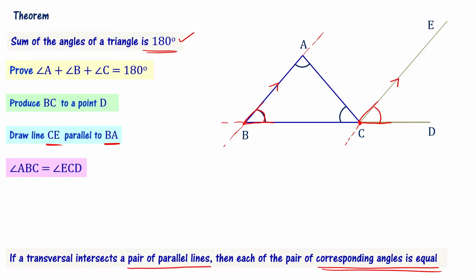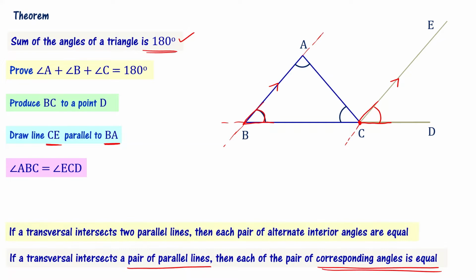Now let's make use of a theorem based on alternate interior angles. Okay, that says that if a transversal intersects two parallel lines, then each of the pair of alternate angles are equal. Okay, now the same parallel lines I am taking, BA and CE, these are the two parallel lines, right?